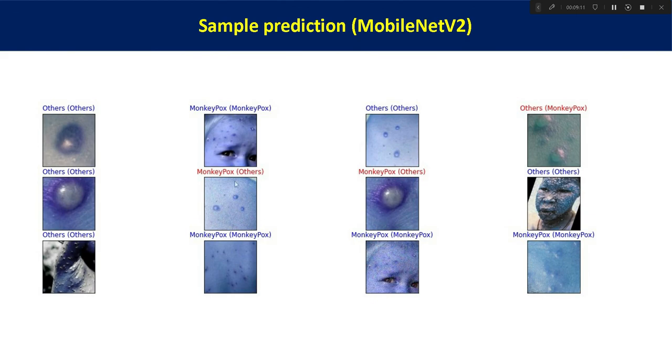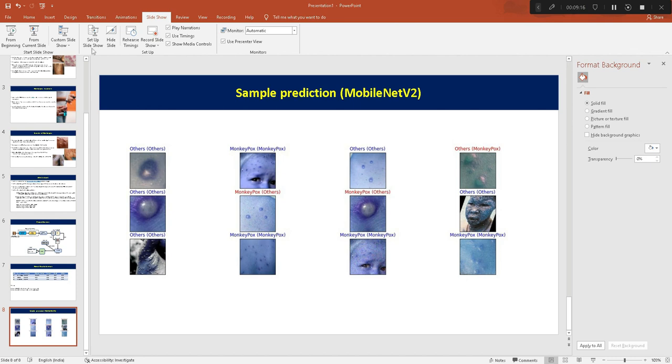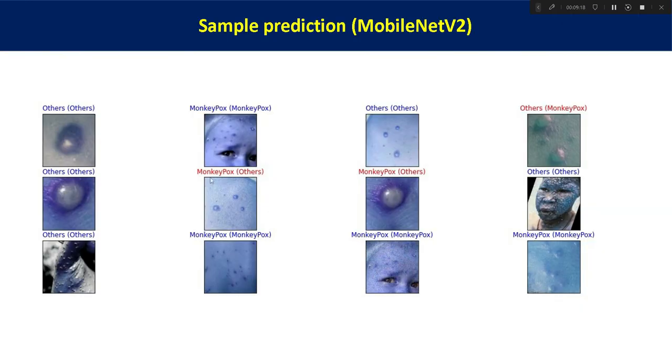Now if we analyze the first incorrect prediction, you can see that the actual is others while our model predicted monkeypox. As we know, monkeypox rashes, or the initial rashes, are somewhat similar to smallpox, measles or chickenpox.